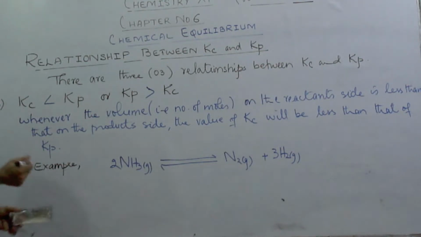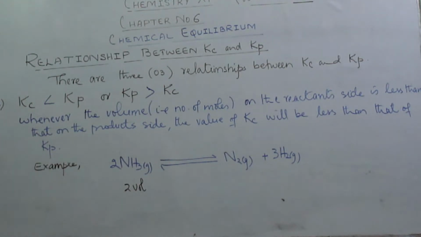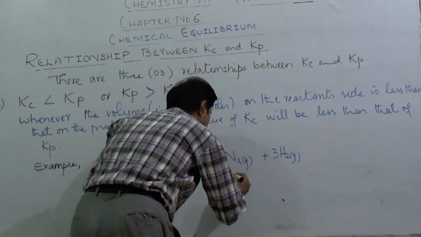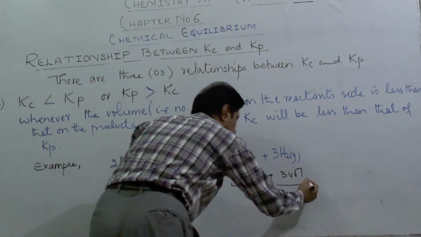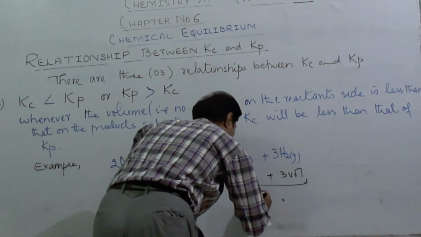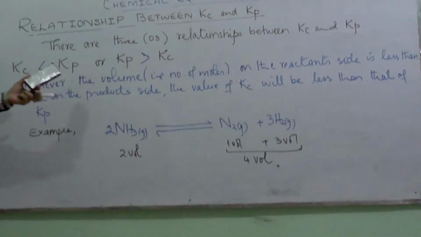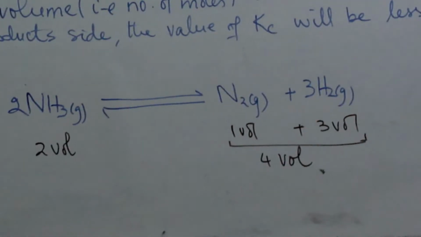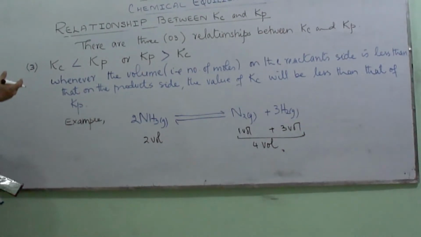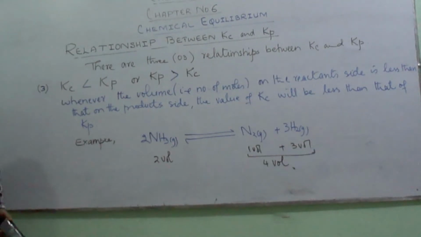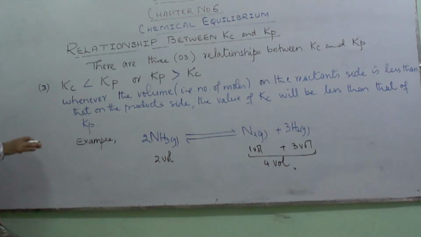Now comparing the volumes on the reactant and product side, total volume used on the reactant side is 2, while the volume produced on the product side is 1 plus 3. So total volume produced on the product side is 4 volume. So in such a case, Kp will always be greater than Kc, or you must say Kc will be lesser than Kp. So this was a relatively smaller but easier topic, relationship between Kc and Kp, which we discussed today.